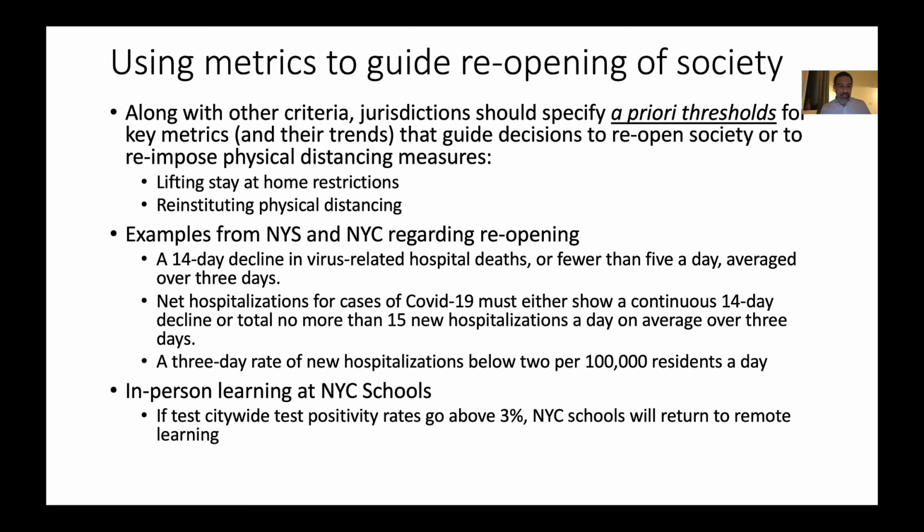More recently, we are seeing that a priori, the mayor of New York City has said that New York City schools will be reopening, but if the citywide test positivity rate goes above 3%, New York City schools will return to remote learning. So these are examples of thresholds that people have set a priori to guide what decisions will happen. And so look to see more of those, I think, as we head into the fall.